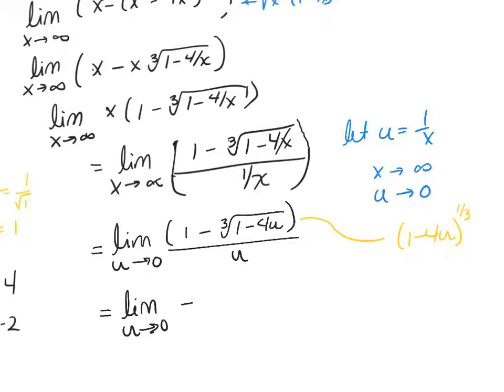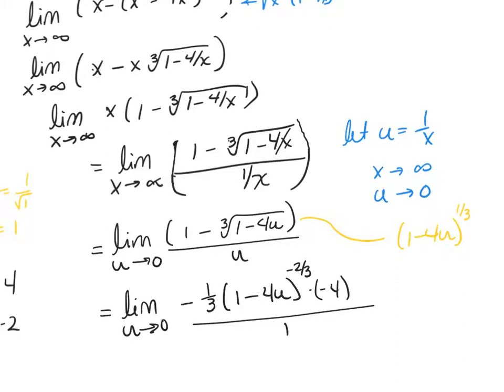And so this is going to be minus, because it's a minus to begin with, minus 1/3, 1 minus 4u raised to the negative 2/3, so I subtract a power. Then I have to multiply by what's inside the cube root, which is the derivative of 1 minus 4u. So that's going to be 0 and then minus 4, so it's going to be a negative 4 right here. In the denominator, I end up with the derivative of u, which is 1.